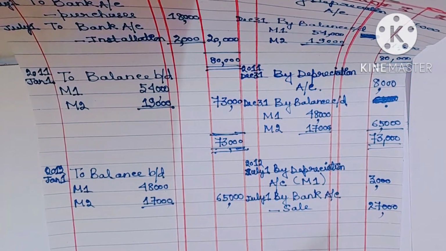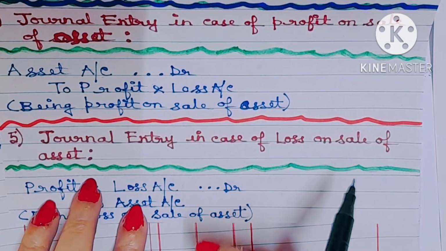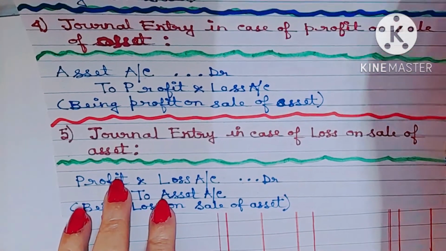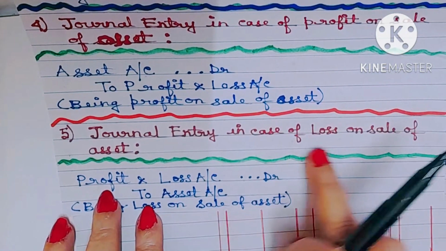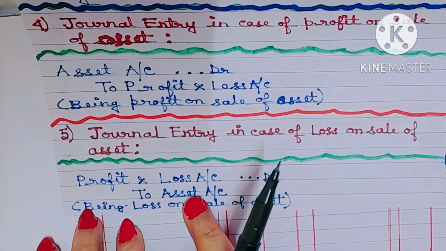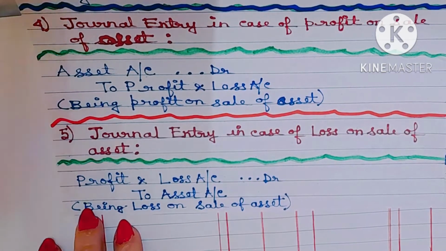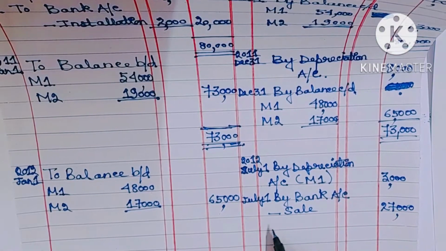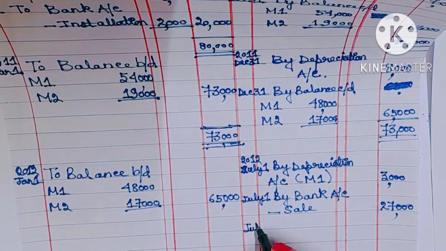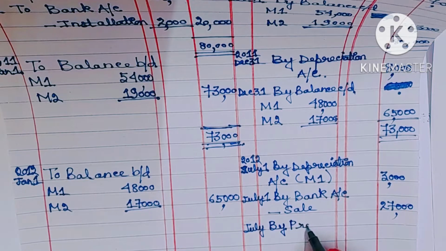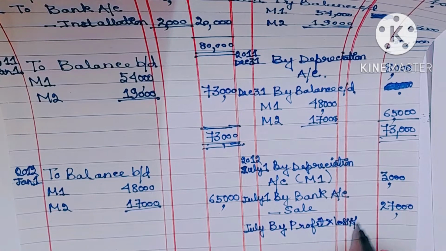See the journal entry. Number 5. Now, see the journal entry in case of loss on sale of asset. That is, profit and loss account debit to asset account or machinery account. Okay? So, let's write. So, loss is always written on the credit side. By profit and loss account, loss on sale, how much? 18,000.